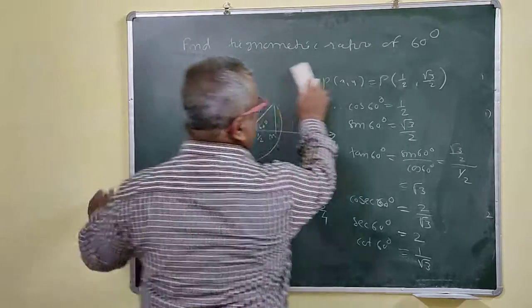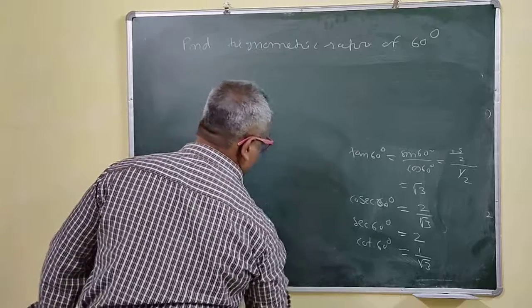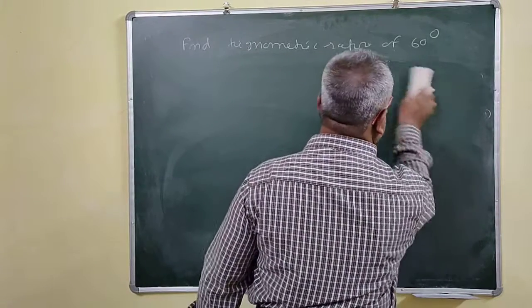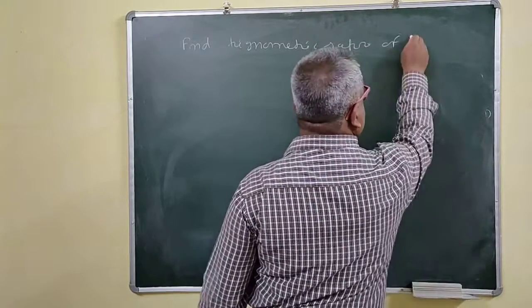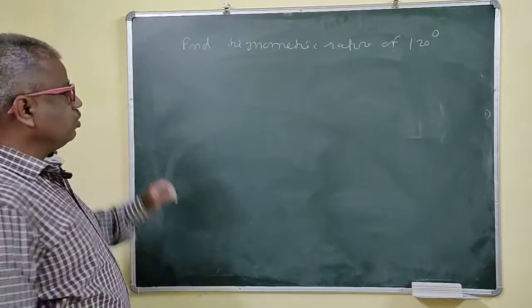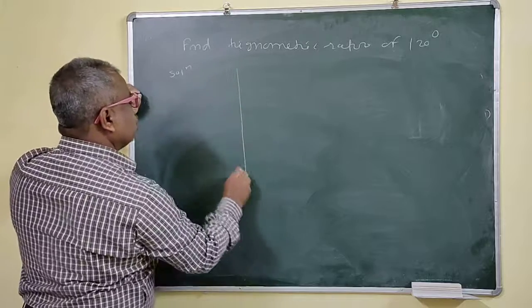Now next we will take the problem. Find the trigonometric ratios of angle 120 degree. Suppose we want to find the trigonometric ratios of angle 120 degree. So solution, we draw the figure first.